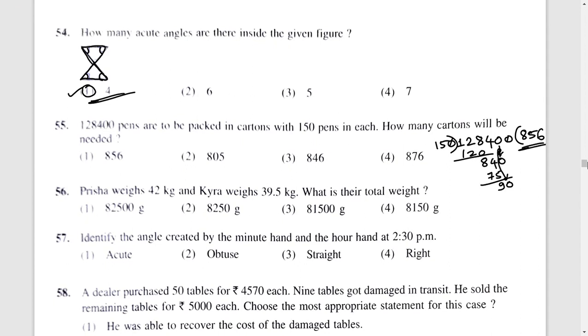So you will get 856. The option A is the right answer. After dividing this value by 150, we will get 856.